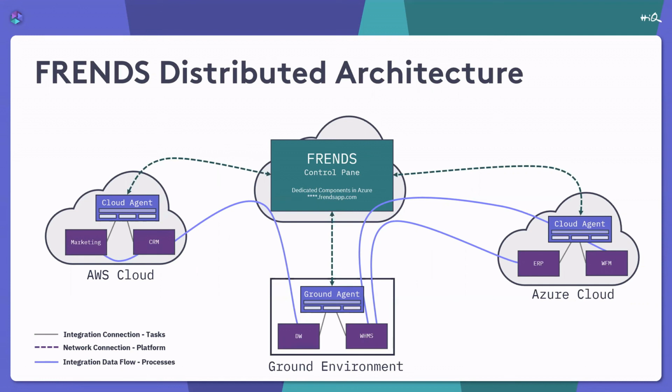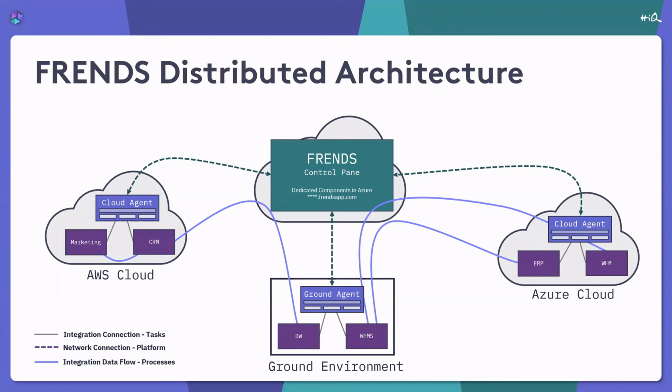And additionally, we have a ground environment or an on-premise environment where we have yet another set of systems or data or services. These three environments, so two cloud environments, and of course these cloud environments can be anything, in addition to the on-premise or ground environment, make up our whole integration landscape.